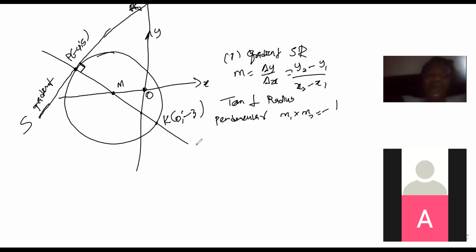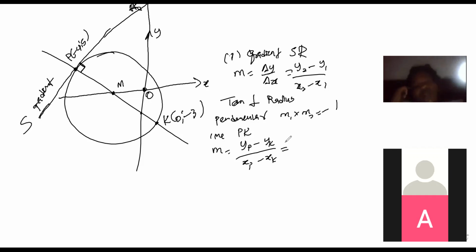So let's get the gradient for line PK, because on PK, you see we've got 2 points that are known. So the gradient will be YP minus YK over XP minus XK. Okay, so it's the change in Y over change in X. So what is the YP?